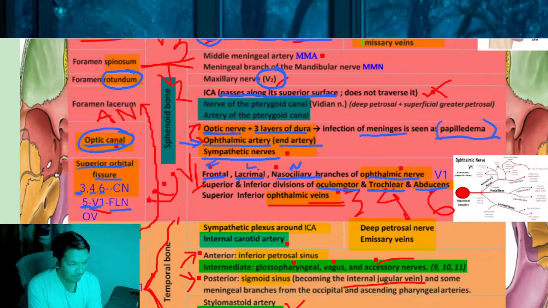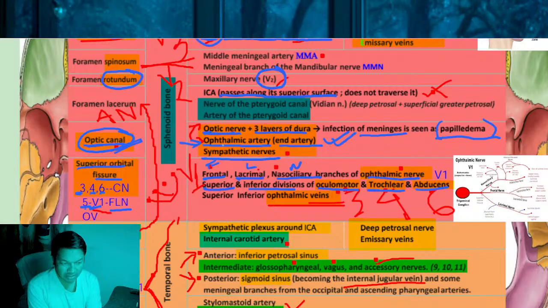3, 4, 6 is the oculomotor, trochlear, and abducens. They have different branches like superior and inferior division. So we combine together the superior and inferior division of 3, 4, and 6. And through the optic canal, we have the ophthalmic artery. Where there is an ophthalmic artery, there must be an ophthalmic vein, right?